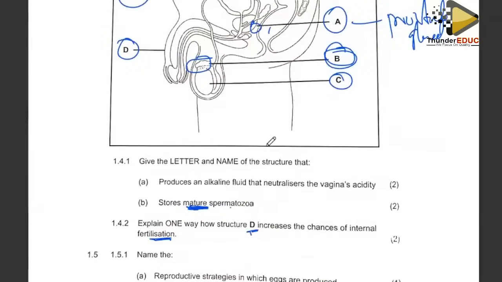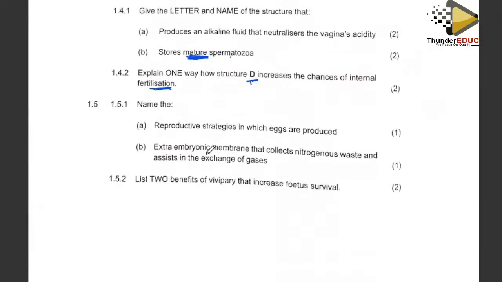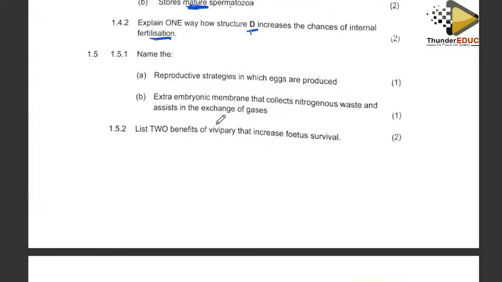Structure D puts the sperms into the vagina, which is part of the female reproductive system, so that these sperms have a short distance to travel to reach the ovum and fertilization can take place.